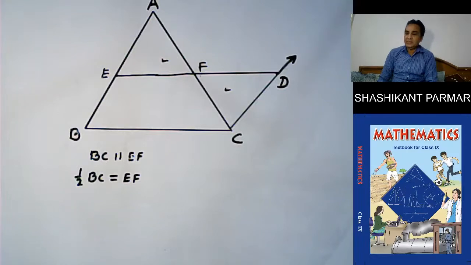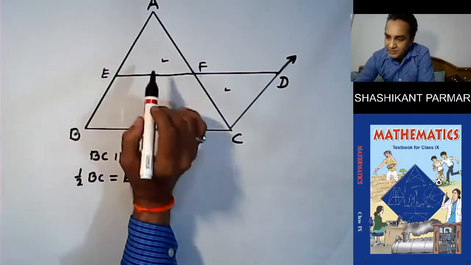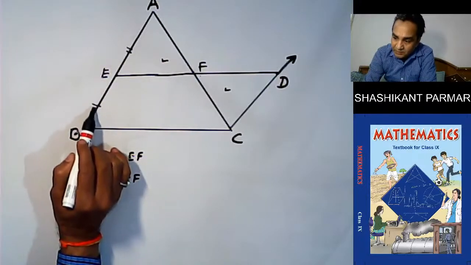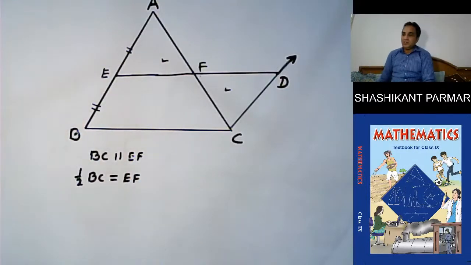And so EF is equal to DF, and BE is equal to AE is given, and is equal to DC.